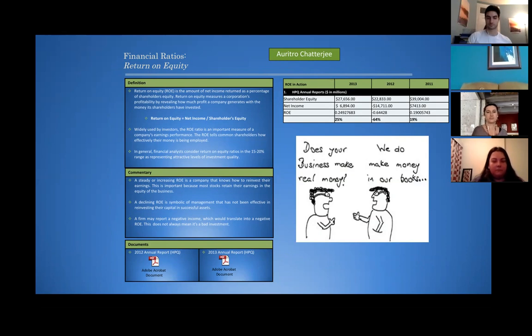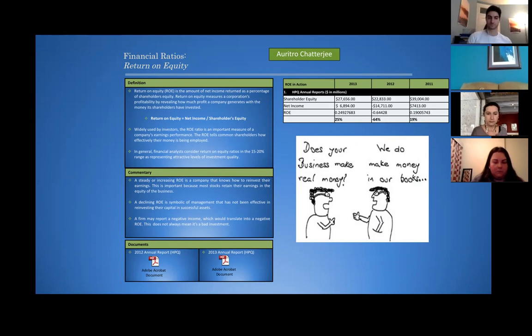In general, I did a case study on HP. I'll talk about that in a bit. But in the technology sector, analysts consider an ROE between 10 and 20% a good, attractive range for investment. A steady or increasing return on equity signifies that a company knows how to reinvest its earnings.